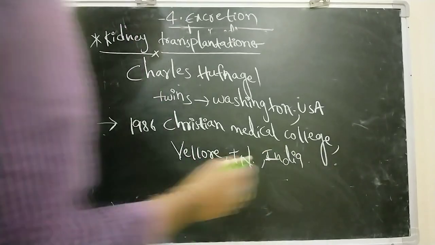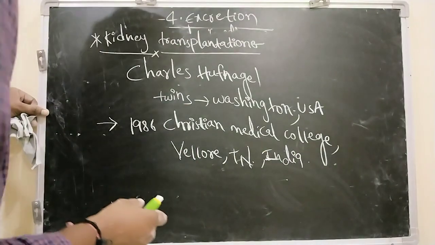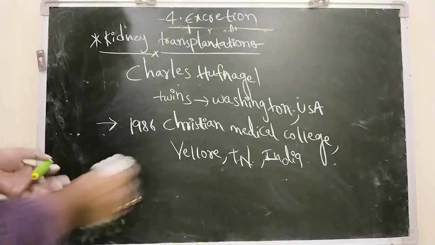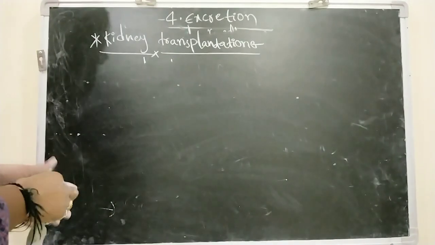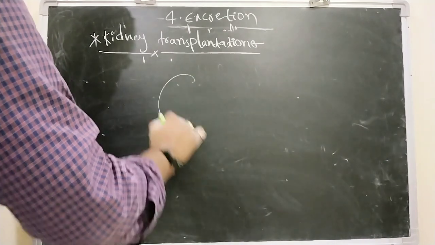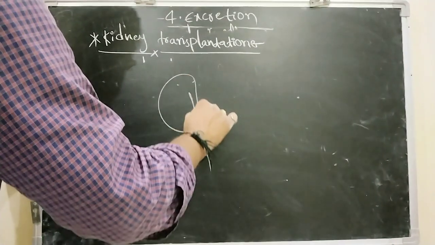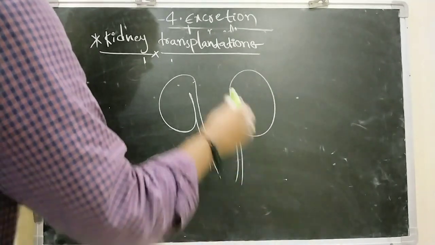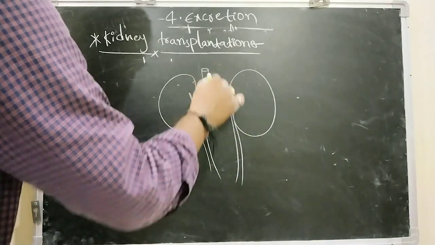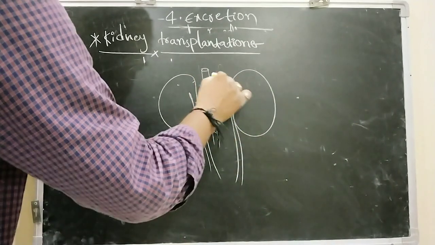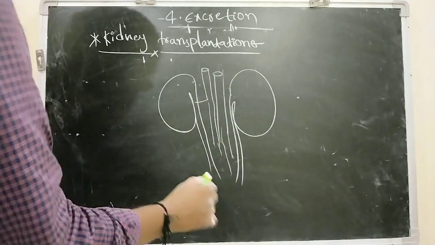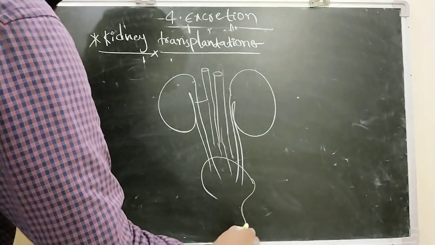So this is about the dialysis process and kidney transplantation, and where the transplanted kidney is kept. See, these are a pair of kidneys. We know already this is the renal artery and this is the renal vein, and this is the urinary bladder.